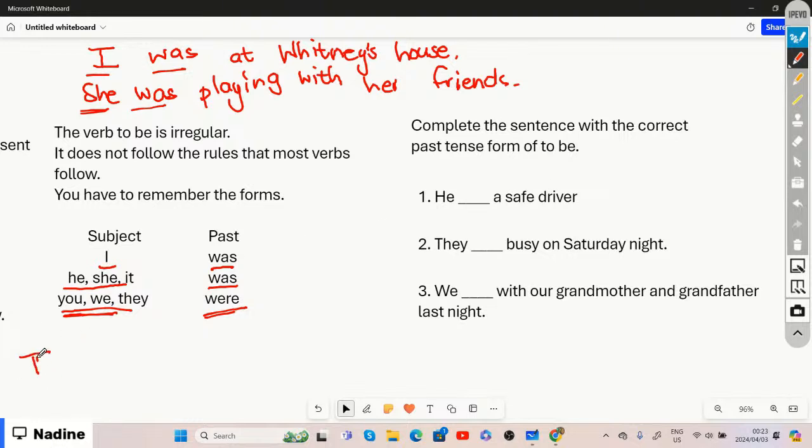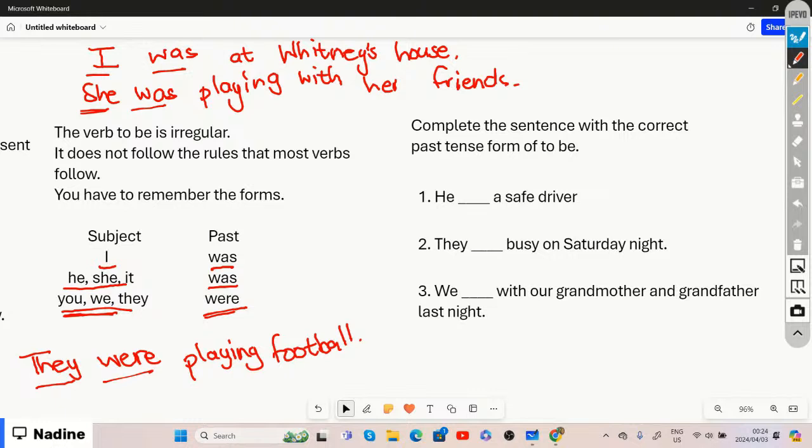So we can, for example, say they were playing football, just an example. So they and were. If we refer to more than one person doing something, we say were. If we're referring to one person doing something, we say was. If I say I, say was.